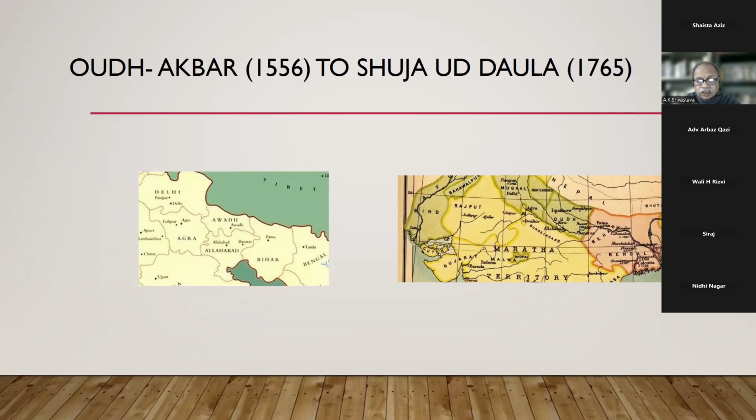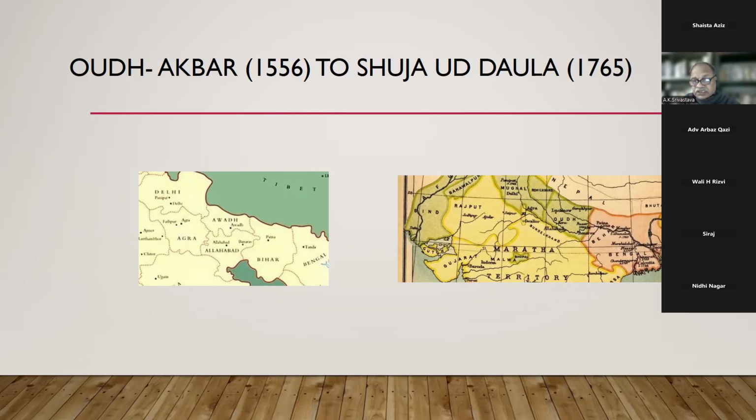Bihar, Bengal. But when Nawabs came into Lucknow and Shujaudaula started expanding, in the next map, you can see how big Awadh has become. The Allahabad province had become part of Awadh. Its borders were touching Bihar.